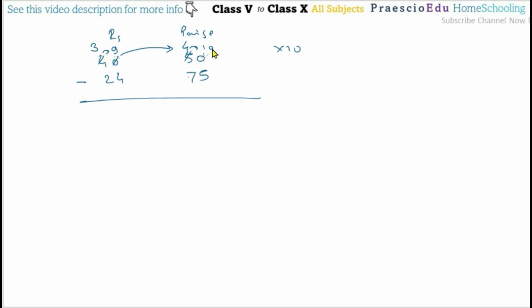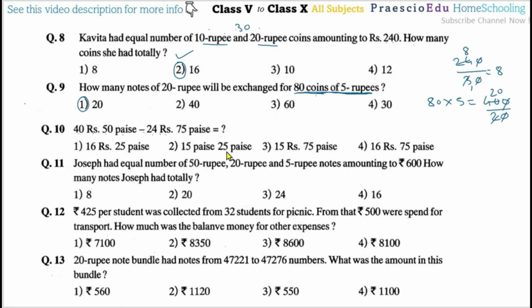Now we can do the subtraction. 10 minus 5 is 5, 4 minus 7 is possible, and already we have taken the 10 here, so it's 14. 14 minus 7 is 7. Now 9 minus 4 is 5, and 3 minus 2 is 1. So 15 rupees and 75 paise means option number 3 is the correct one.